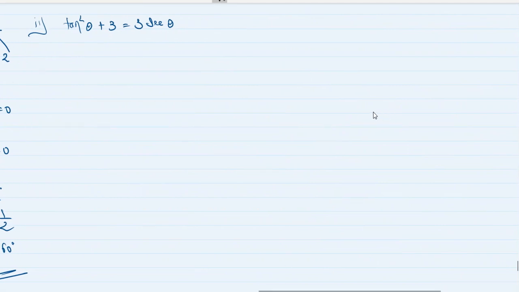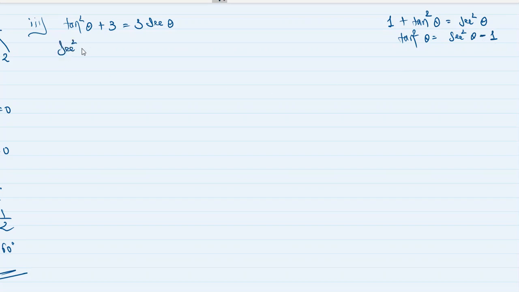Okay, I'm going to solve this question with one of the square relations, that is 1 plus tan square theta is equal to sec square theta. So in the place of tan square theta, I'm going to write sec square theta minus 1.